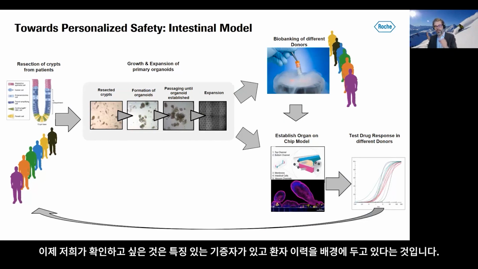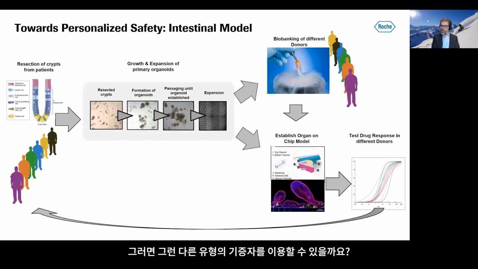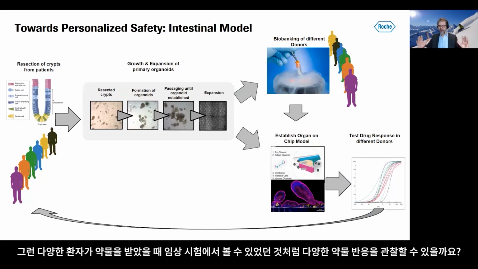And what we would like to confirm now is that we have a characterized donor. We have the patient history in the background. So do we also see, using those different types of donors, the same diversity of drug response as we could see in the clinic when those different patients received a drug?